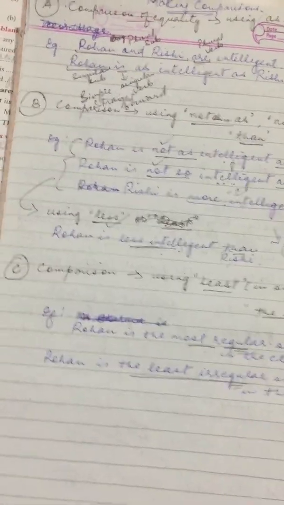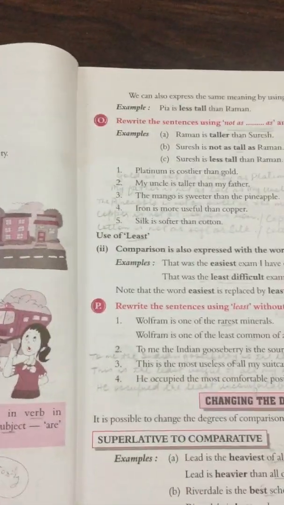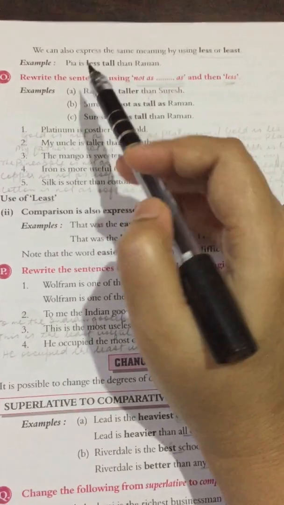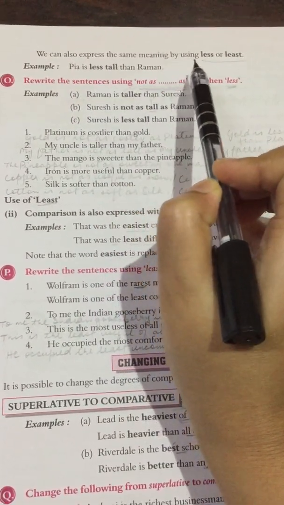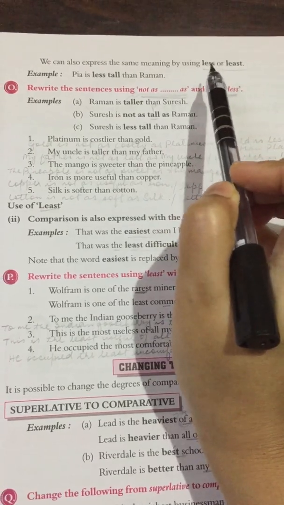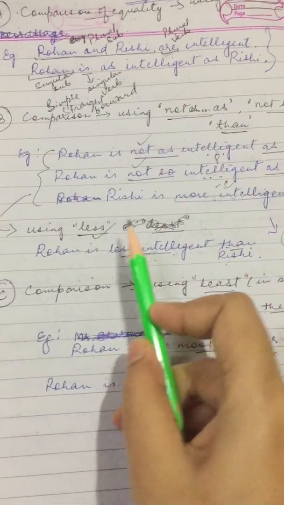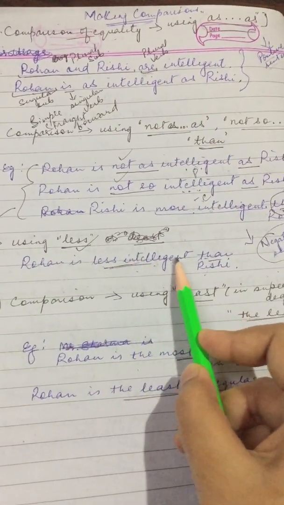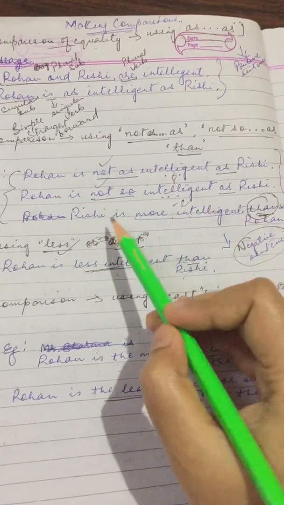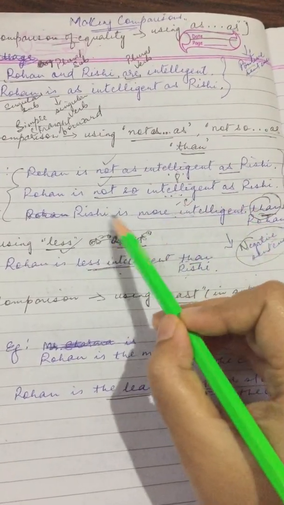Now, come to the next part. We can also express the same meaning by using less or least. Rohan is less intelligent than Rishi. You can clearly see that the subjects are being changed.